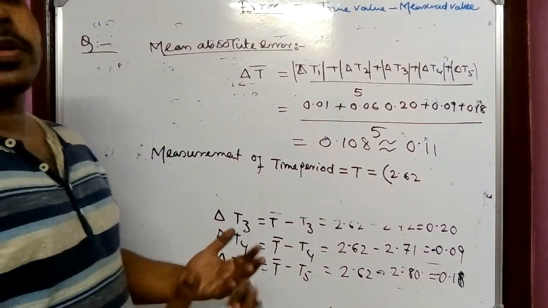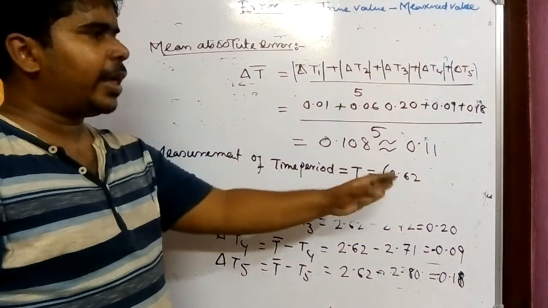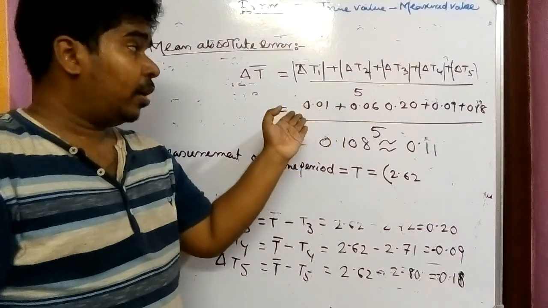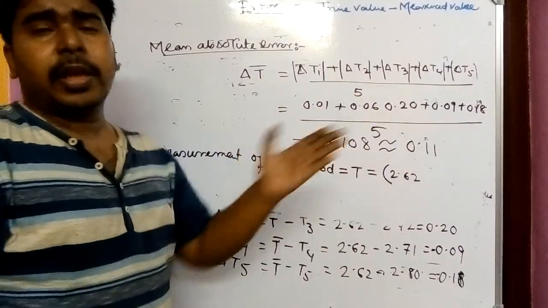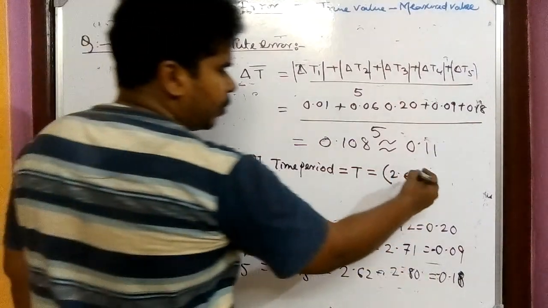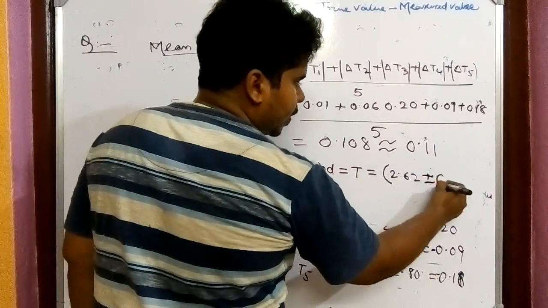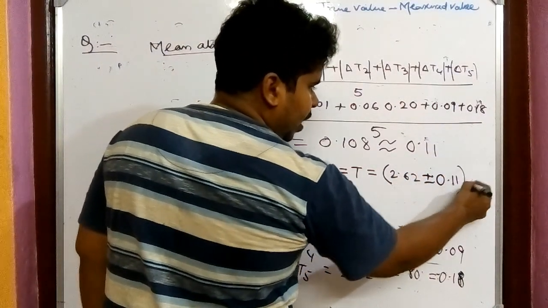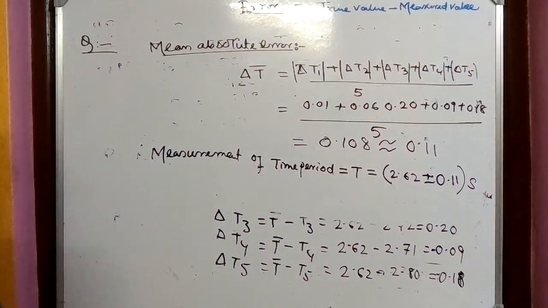It may be positive, it may be negative, because we have only taken the magnitude of it. It can be plus, it can be minus, so it can be represented by plus minus 0.11 second. So that is the representation of a measurement.